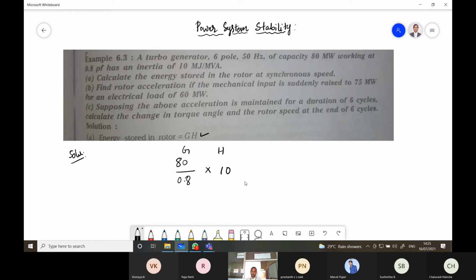So total, 80 by 0.8 is 100, into 10, so 1000 megajoule. This is the energy stored in the rotor at synchronous speed. Okay, so this is the first one.